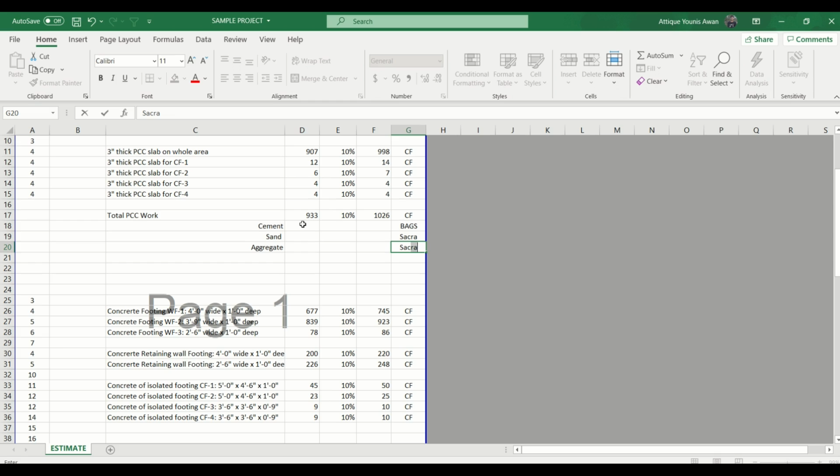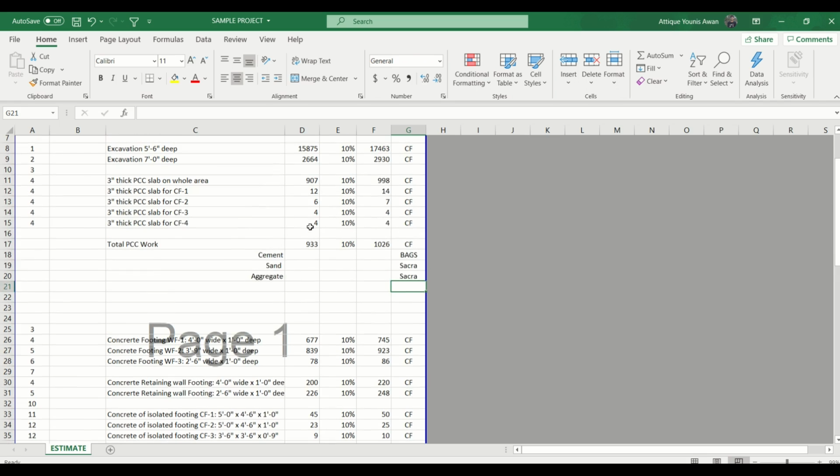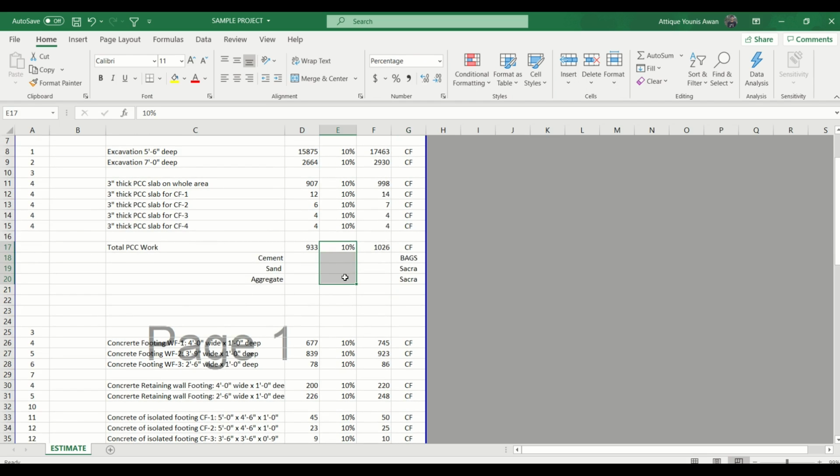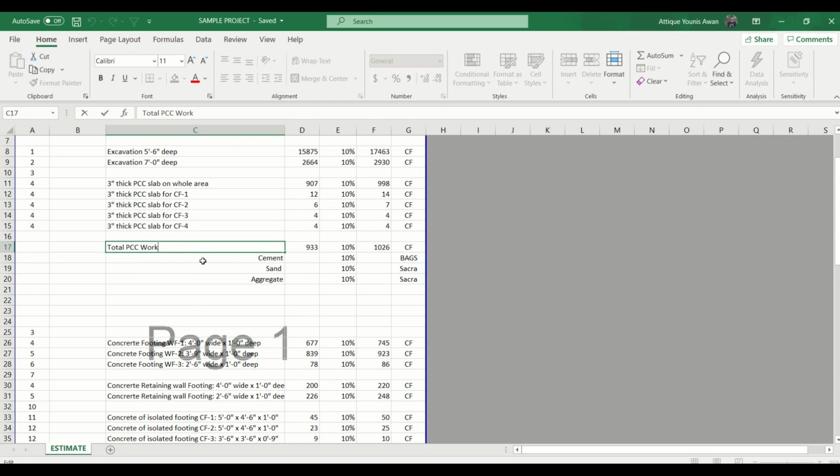That unit depends upon your locality, or the area in which you are performing the estimate. As I'm in Pakistan, we will calculate those quantities in these units.